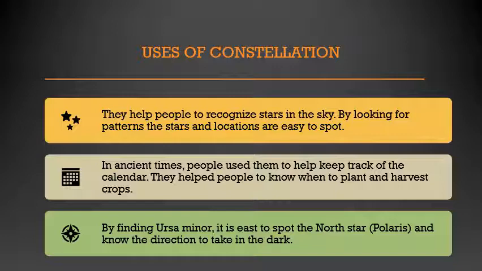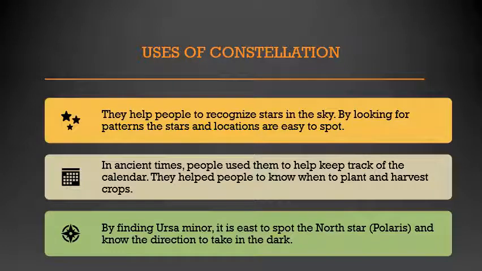So these people used the stars as the reference to decide when to plant, because depending on the climatic conditions only can we grow the plants well, right? So looking at the stars, they decided when to plant and when to harvest the crops. Harvest means to get the fruits from the crops.